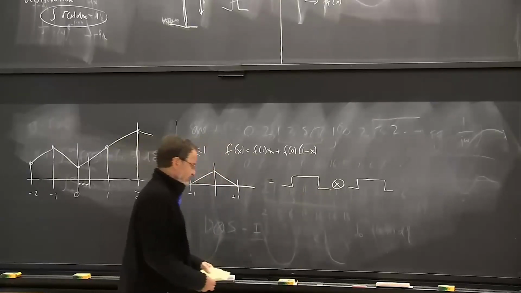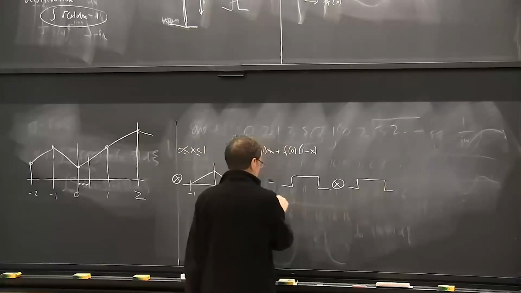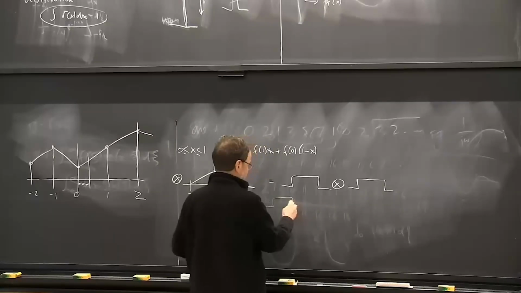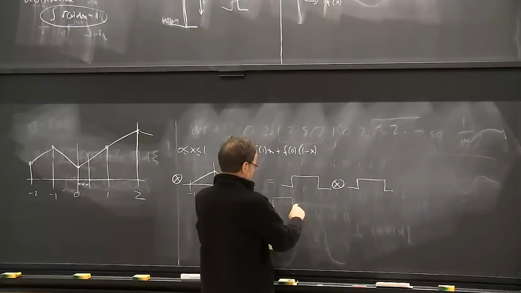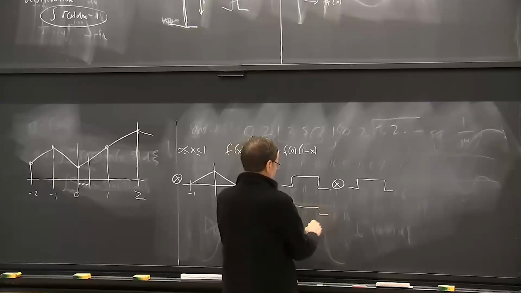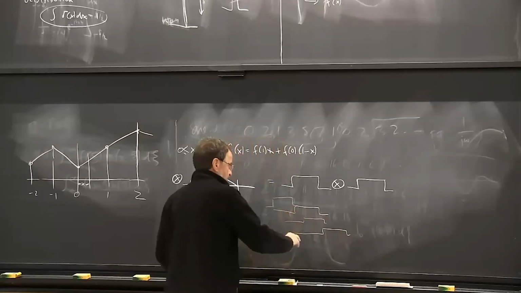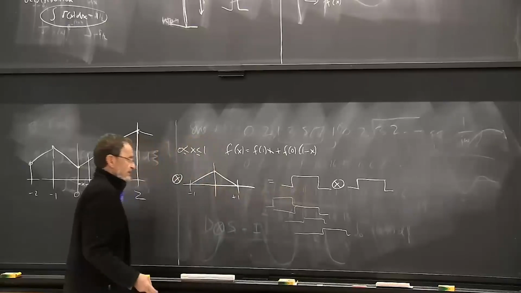That's also easy to see because we take one of them, we flip it, that does nothing, and then we slide it underneath the other one, and initially there's very little overlap. The overlap increases linearly until we're right on top of it, and then it linearly decreases until we drop off the right-hand end. So the convolution of the two boxcars is that thing.